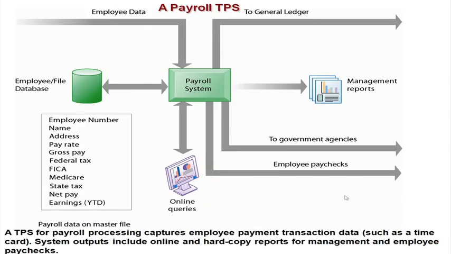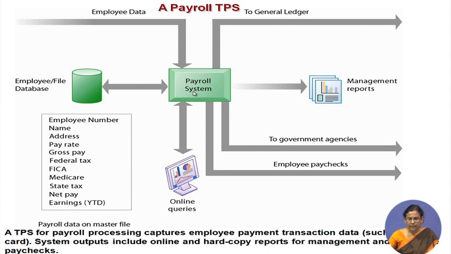Look, this is one example of a payroll system. As you know, payroll system is a transaction processing system, but what we are trying to show here are the various components of a transaction processing system. Look at what this payroll system does. It gets the employee data and puts it into the database, which can contain many attributes like employee number, name, address, all the details about the employee.